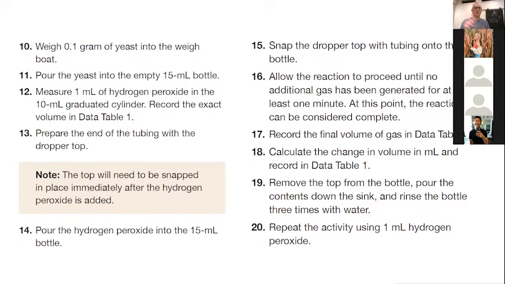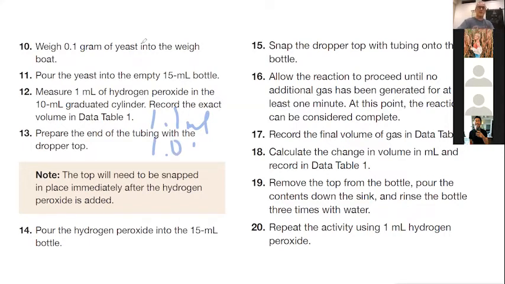So we put the yeast into our little bottle and then measure 1 mil. This one you will want to get accurate: 1 mil of hydrogen peroxide. Notice it says record the exact volume. If you have 1.1 mils, record that. If you have 1.0 mils, record that.